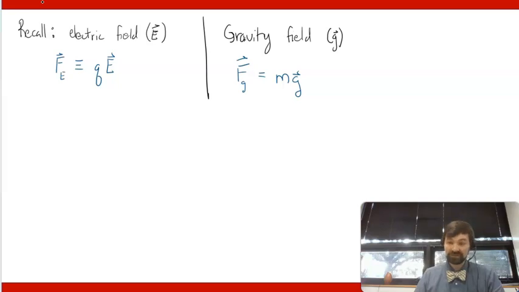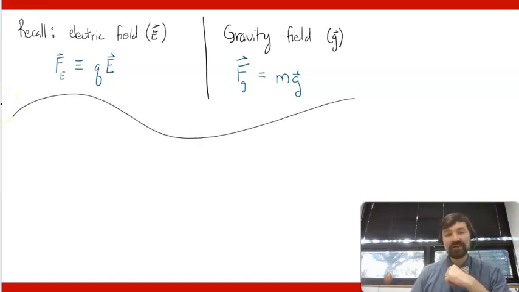And in these contexts, we could say it's 9.8 meters per second squared, but similarly, we can also say that it is 9.8 newtons per kilogram, just as we could say that the electric field strength is some number, let's say 100 newtons per coulomb, or we could say that it is 100 volts per meter. Both are valid. So with that in mind, let's now consider the magnetic field.